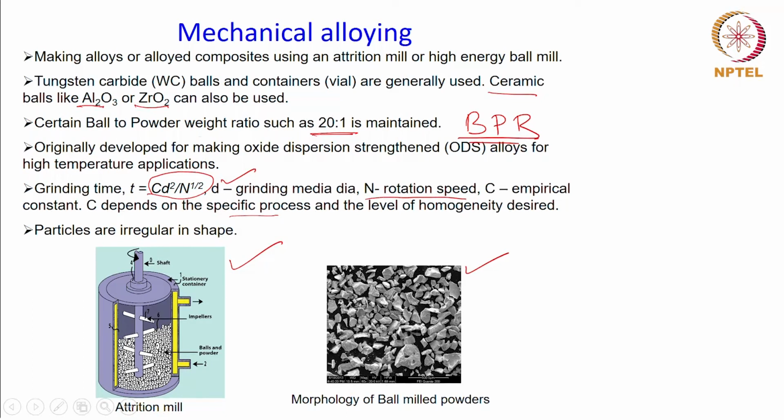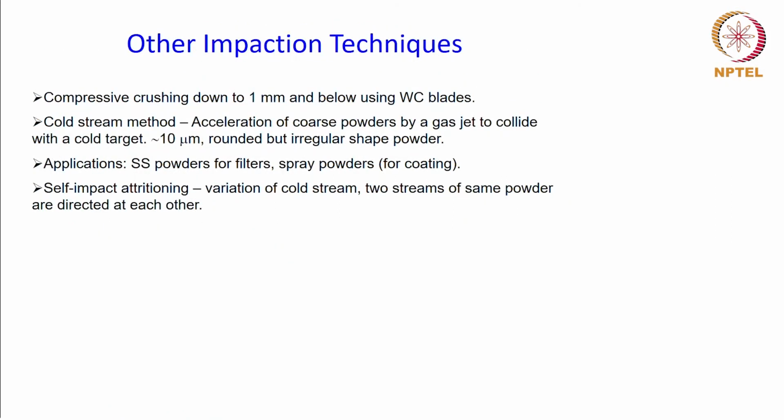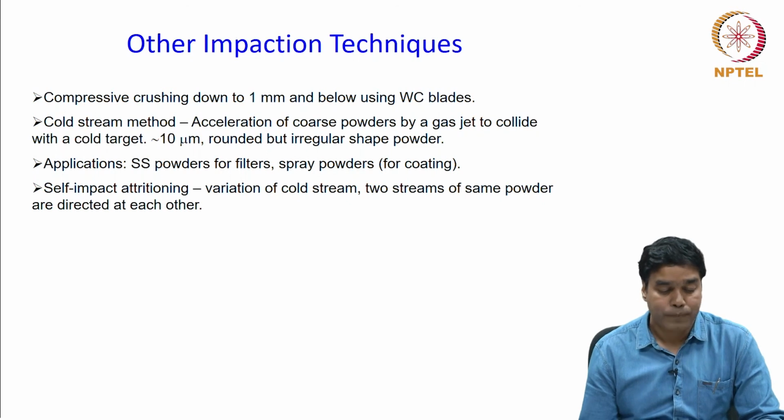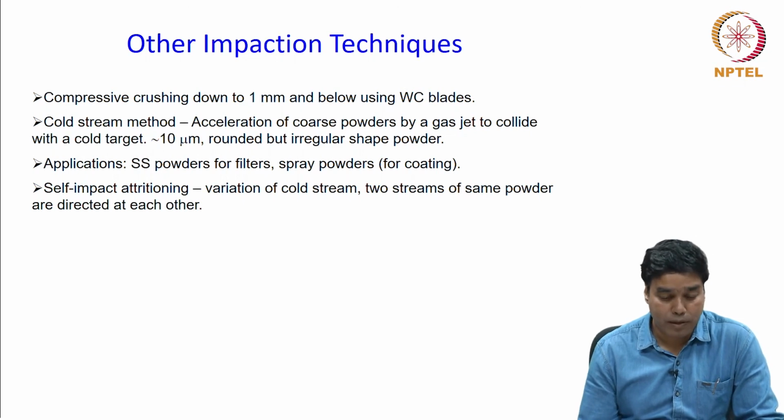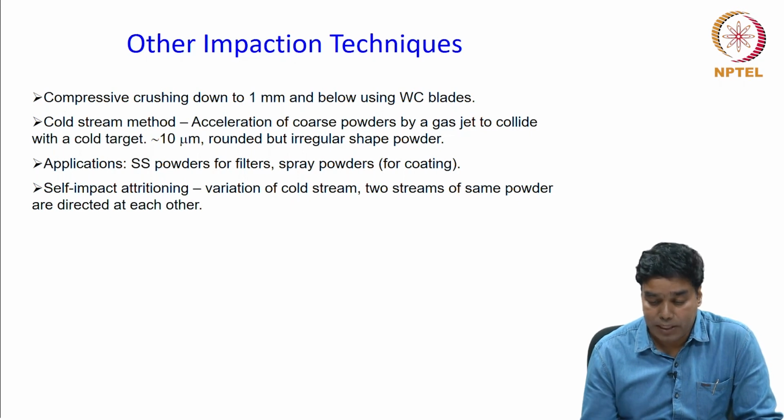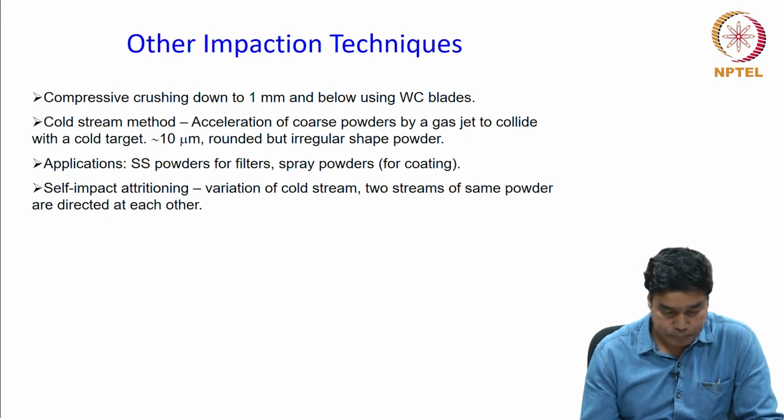So, this is the process of attritioning, and the other impaction techniques which can be used are as follows: compressive crushing down to 1 millimeter and below using tungsten carbide blades. You can use a hard surface like these tungsten carbide blades to apply compressive force to break down the material. Then there is a process called the cold stream method, which is acceleration of coarse powder by a gas jet to collide with a cold target.